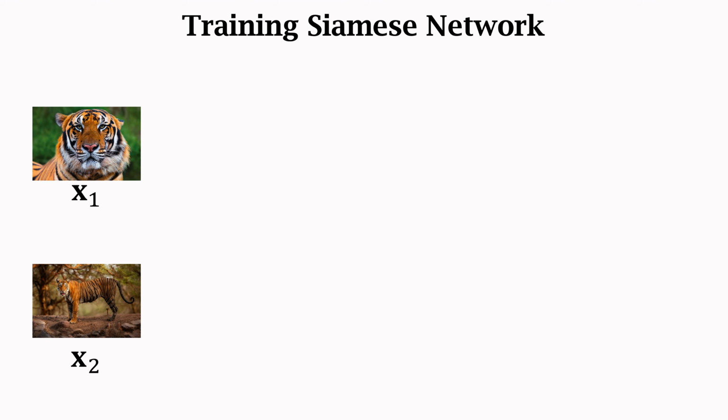Let's train the neural network using the training data we have prepared. We have prepared many pairs such as the 2 tigers as well as their labels. The tigers are from the same class, so the label of this pair is 1. The 2 tigers are the input of the neural network. The convolutional neural network we built a minute ago is denoted by function f.